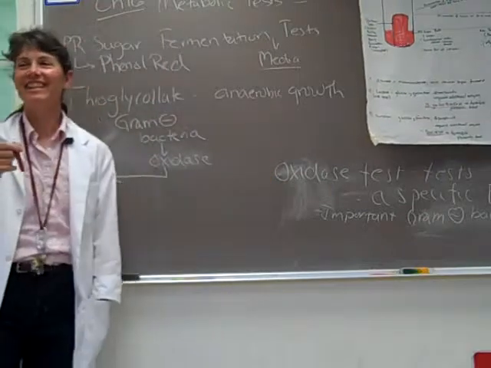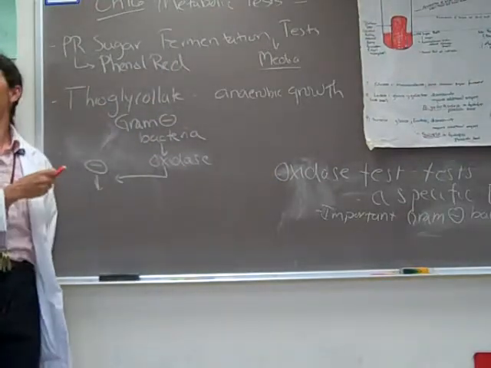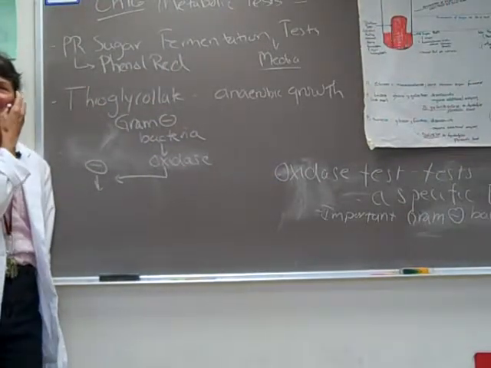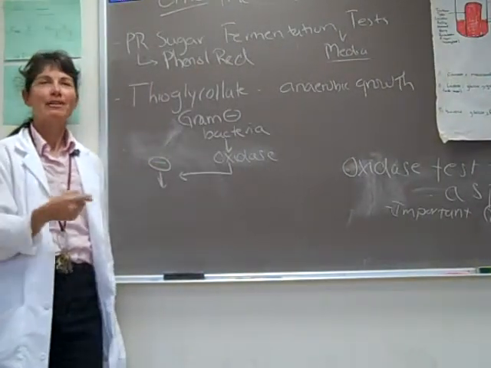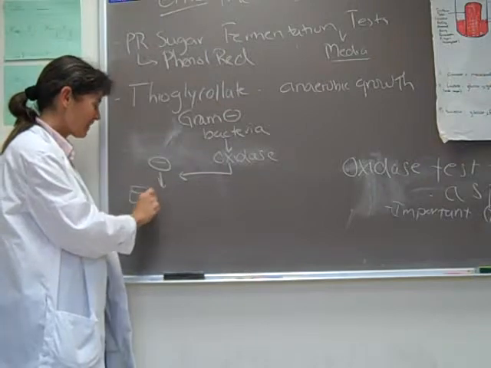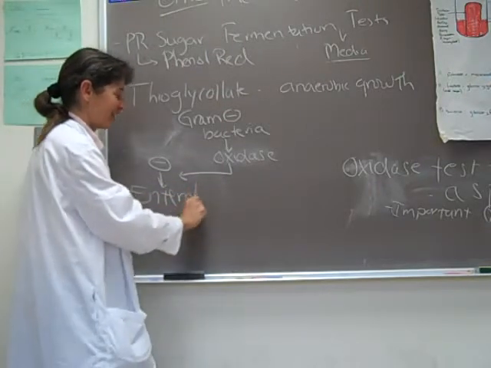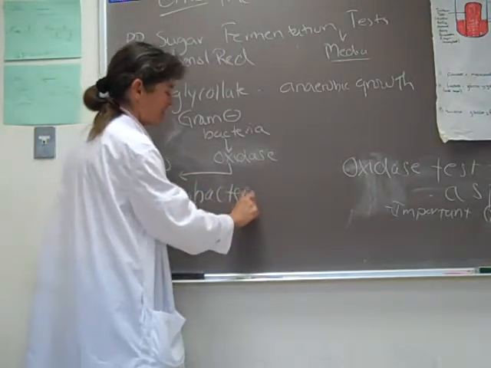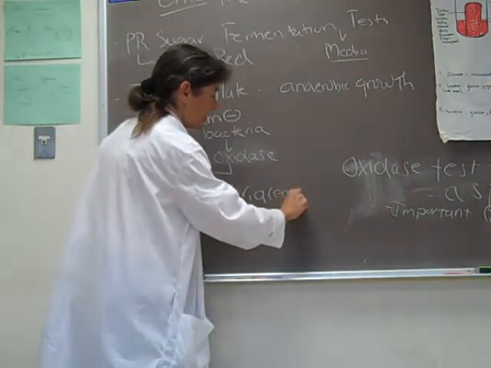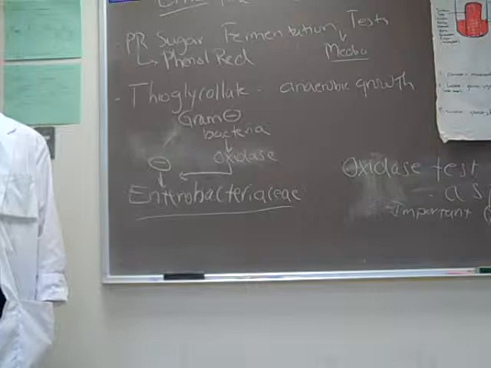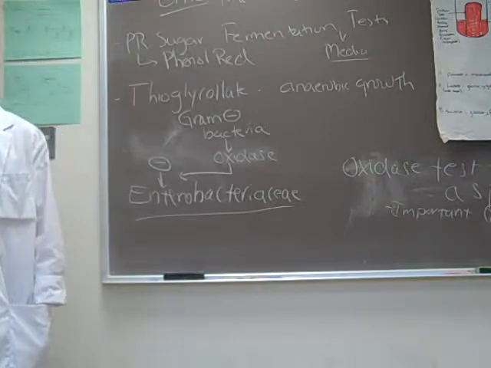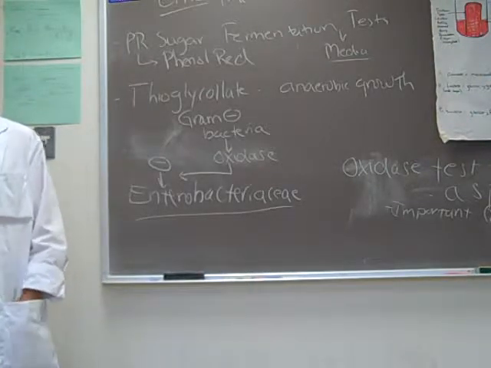Oh my goodness. Okay, so the oxidase test, that big family of Enterobacteriaceae, they're all oxidase negative. And this is a huge family of bacteria. It includes E. coli. Felix, thank you. That was very kind of you to protect folks.